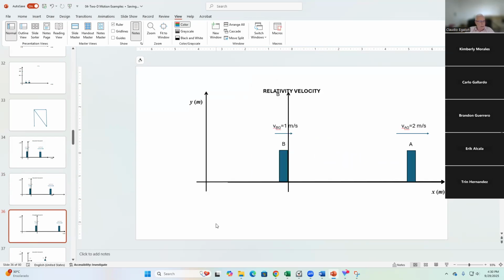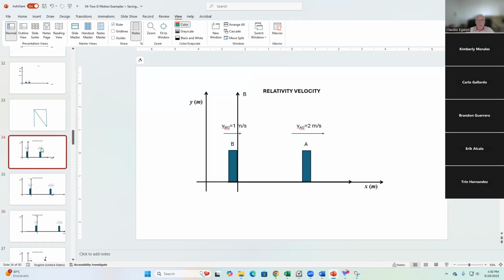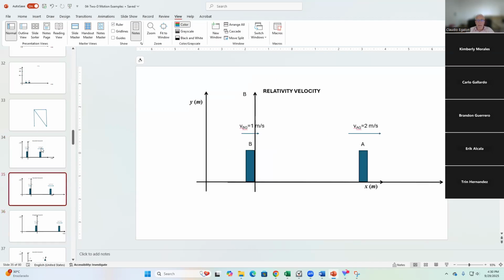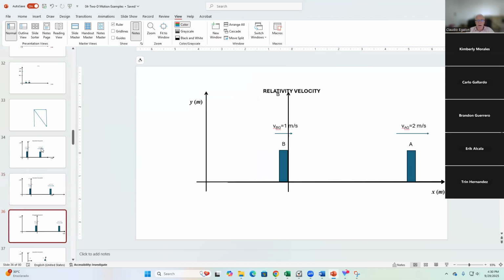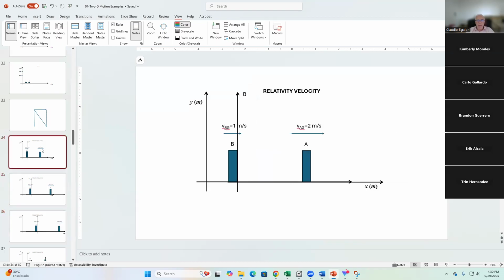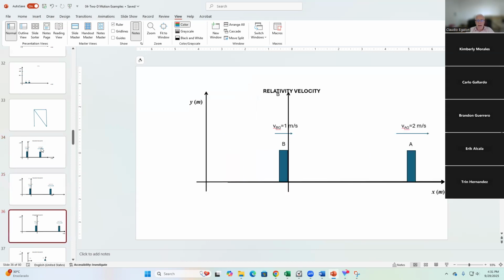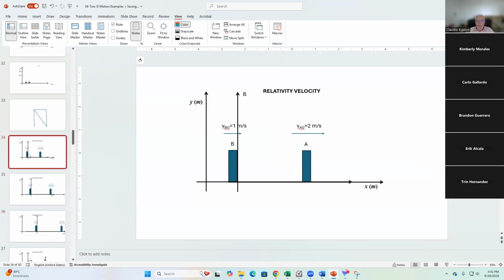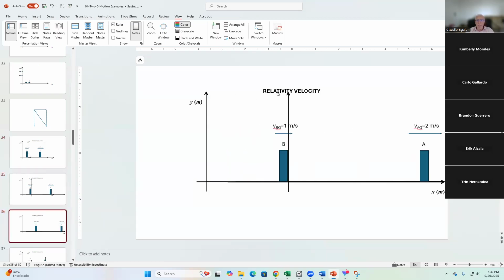First frame of my movie, second frame, third frame, right? The distance between A and B keeps on increasing because jogger A is moving faster than the other guy, B. Okay?